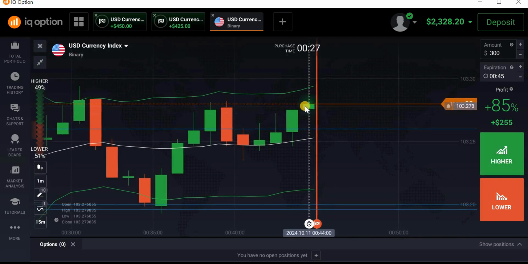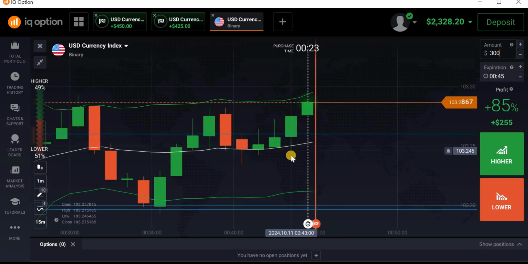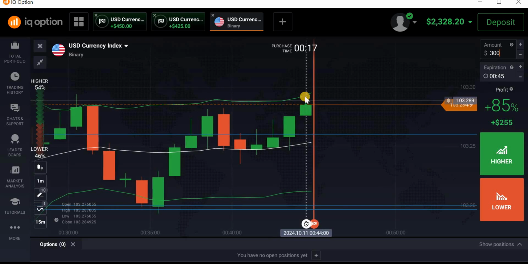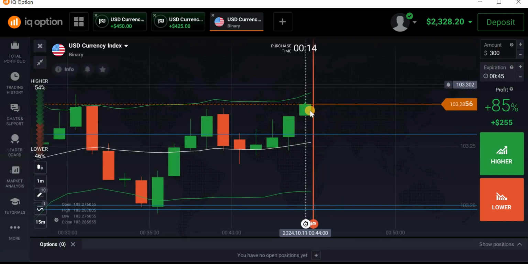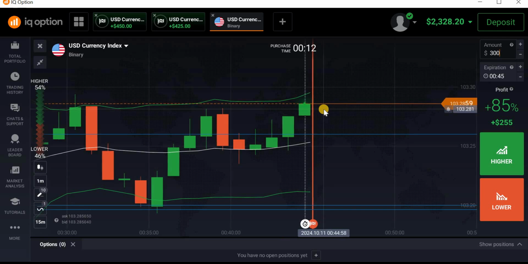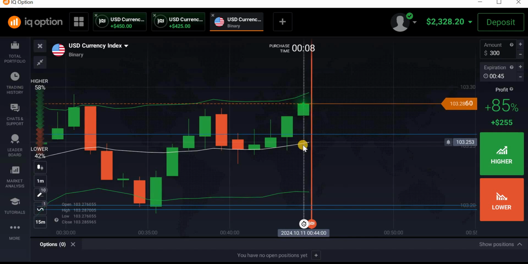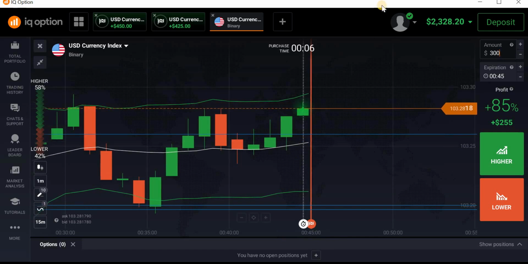So you wait for this candlestick to come back to this same place, this one deviation. Now this candlestick may be going up, but this is a ranging market. You may think it's going up, but at the end of the day it will come back down. So you have to wait. When this candlestick comes back here as a red candle, then you go.